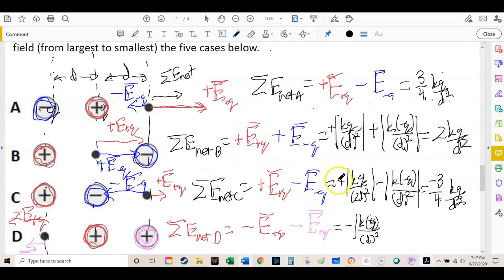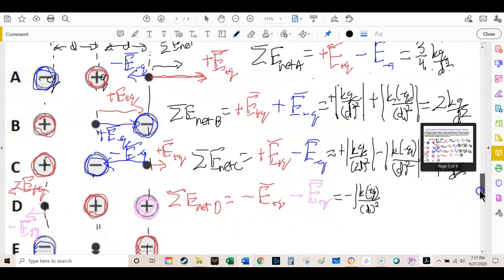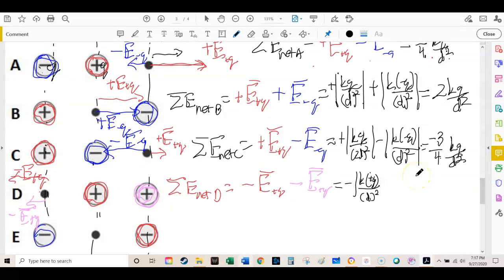I can zoom in, I suppose. Make it a little bit easier. Oh boy, my handwriting's terrible at this level. Okay. And then that is the red charge's electric field. The pink charge's electric field is also a positive Q, but it's a distance 2D away. So we've got to square that 2D.